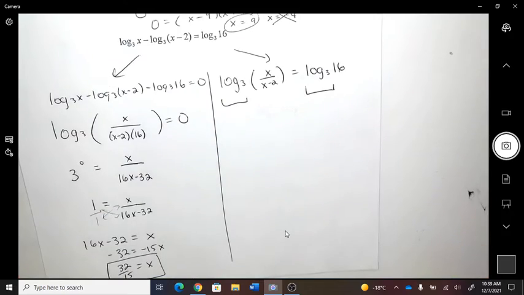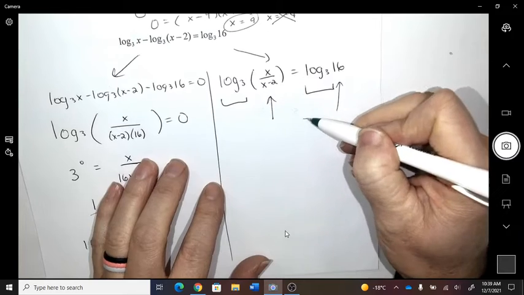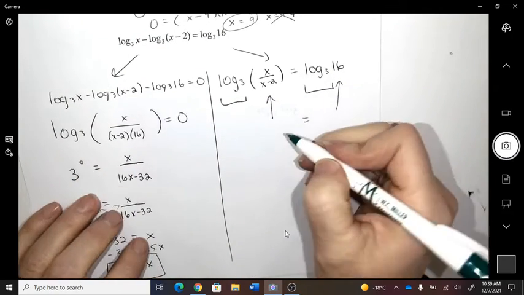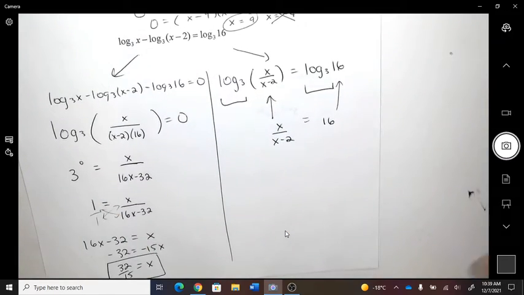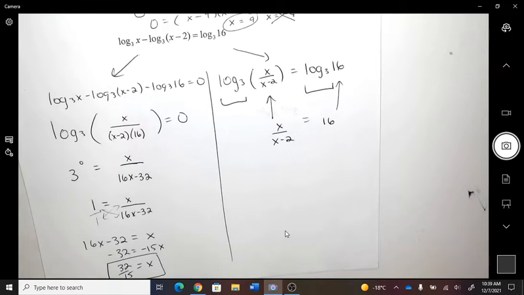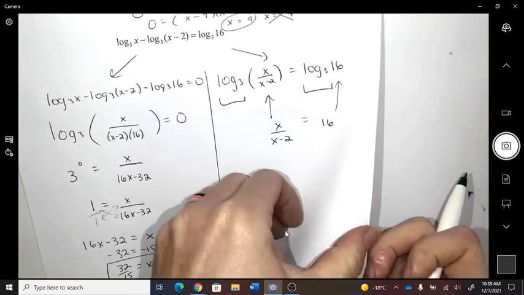They both are that way. So can we conclude this has to equal this? Does that make sense? Because they both had a log 3 of something, the log 3 of something. So x over x minus 2 equals 16. Just because they both have the same front, log 3 of something. I'm going to stop there because it's all the same from there on out, right?